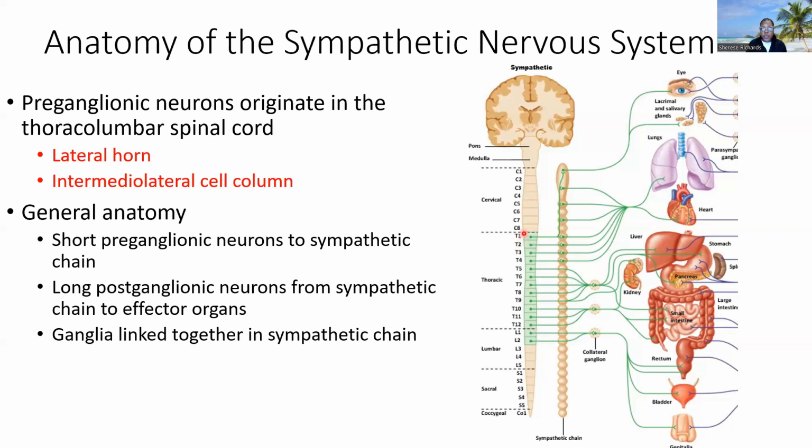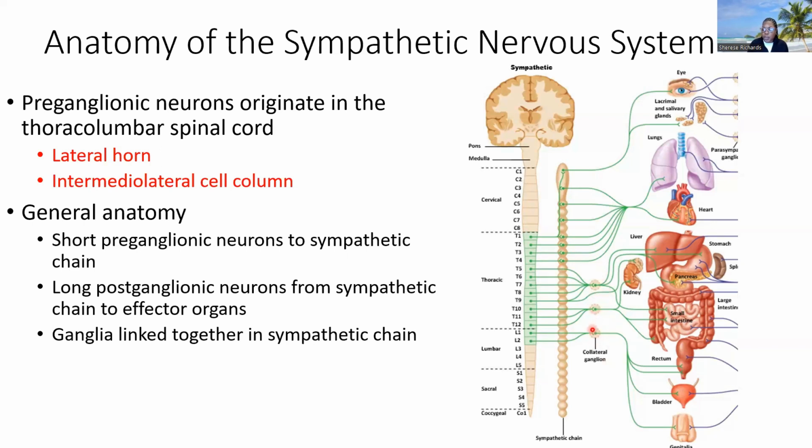Then they are going to have a short preganglionic neuron that will travel a short distance out from the spinal cord itself and then synapse onto a ganglia. That can be a ganglia that is a part of the sympathetic chain as option 1. A ganglia that is not a part of the sympathetic chain, we refer to as a collateral ganglia.